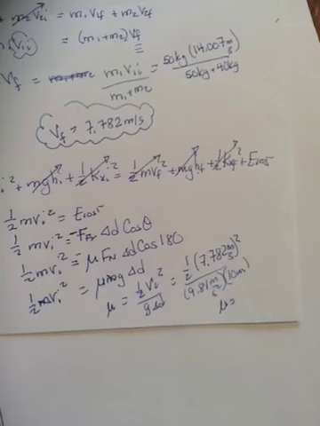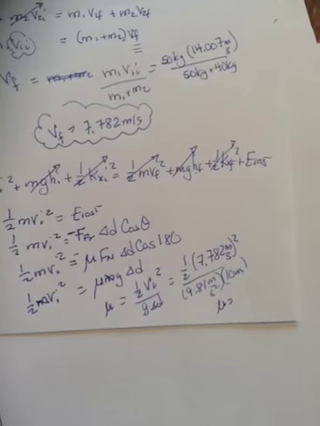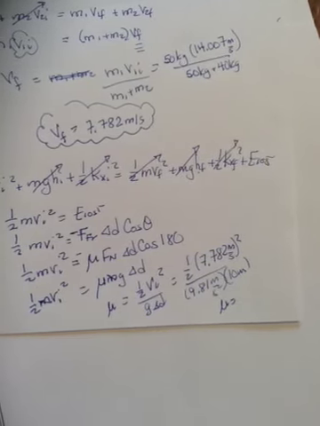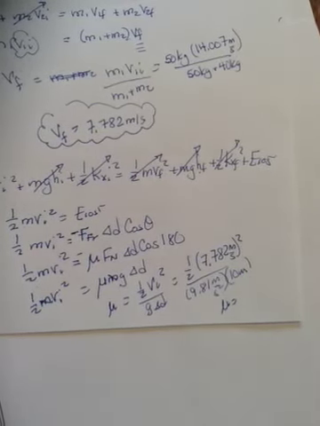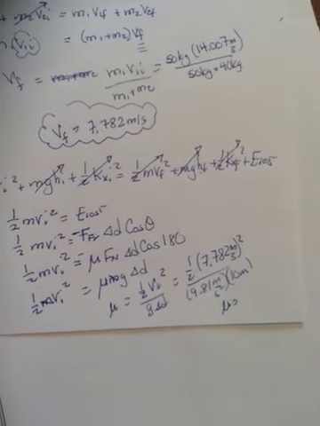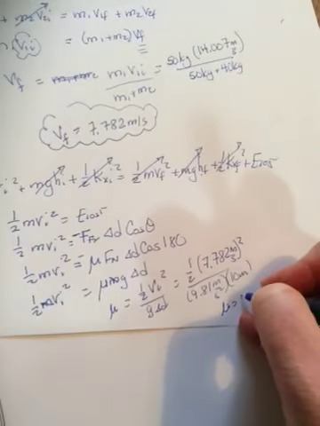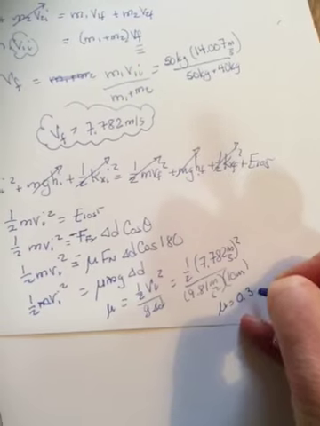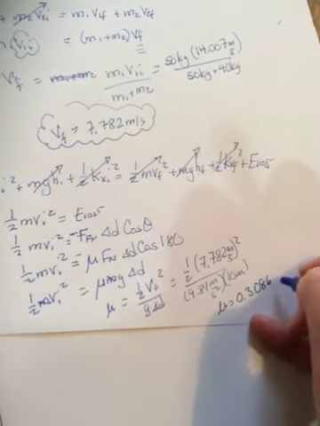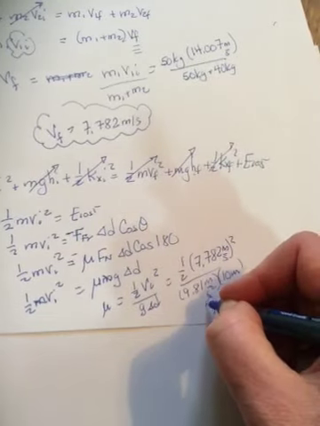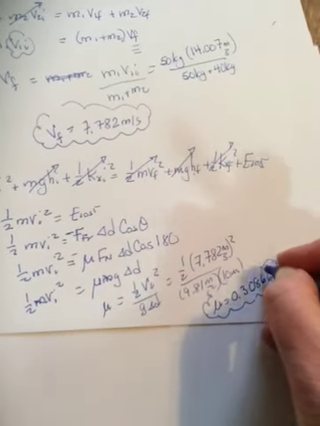Okay, sorry about that, mine's going to be rounded. And so they end up having a coefficient of friction of 0.308. I have 0.306, but I know that's off a little bit because I rounded my speed.